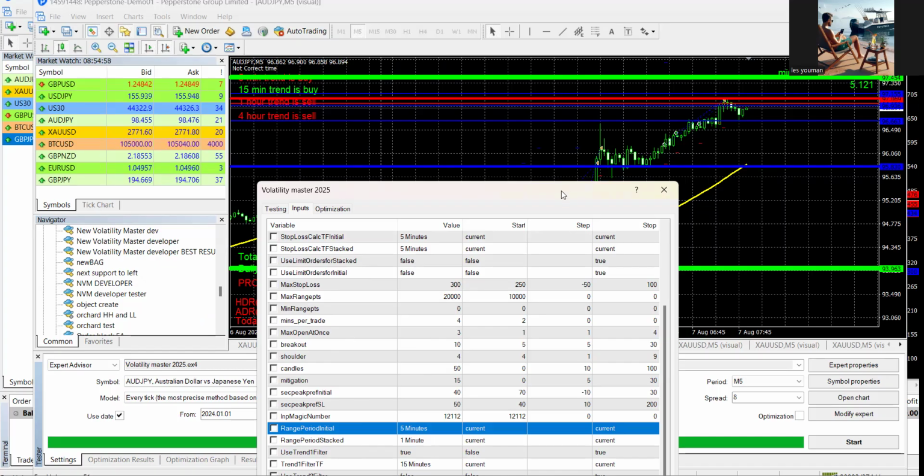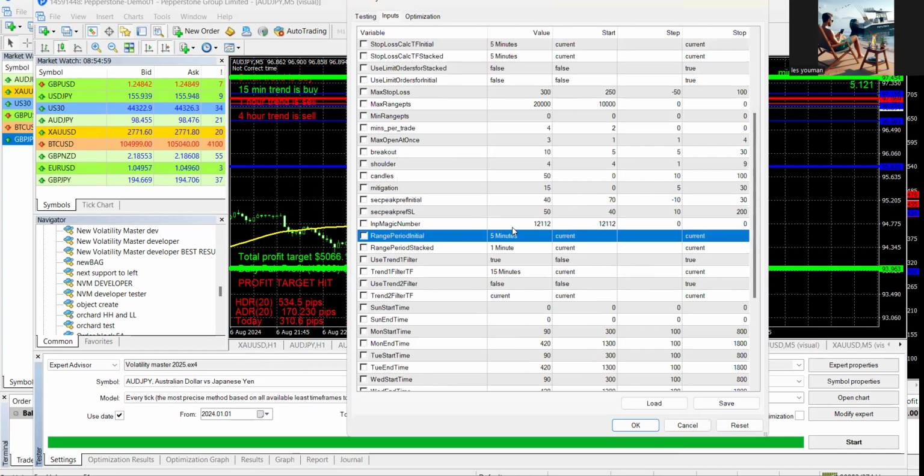So what that means is that here where it says use trend filter or trend 1 filter, we've set it to true and we've set the time frame to 15 minutes. That's why this one is green, because we've set the software to only trade with the 15-minute trend. And at the moment it's a buy, meaning it will only take out buy orders.